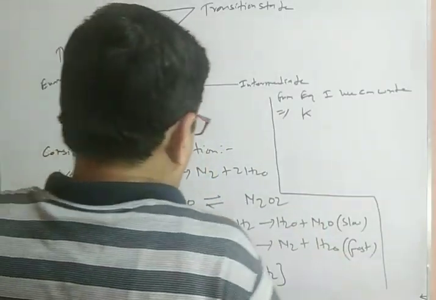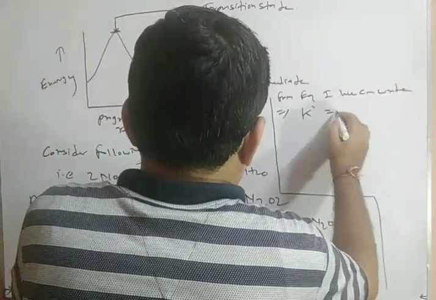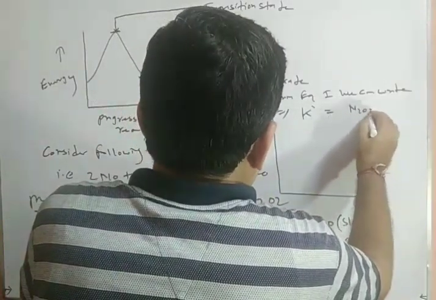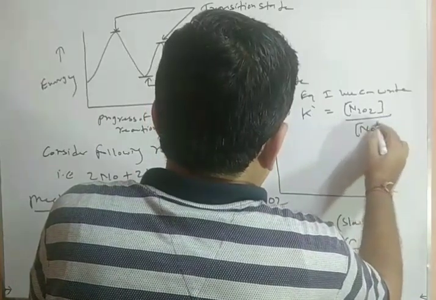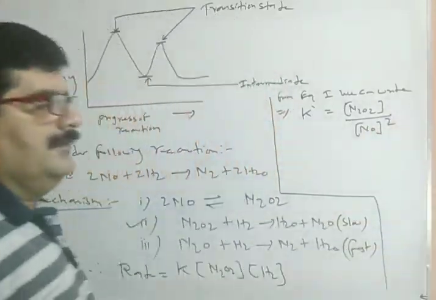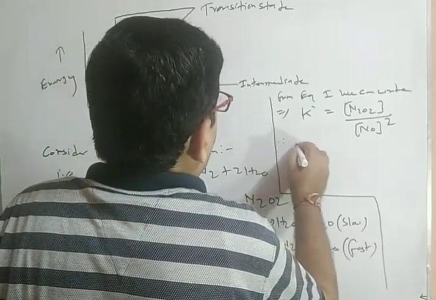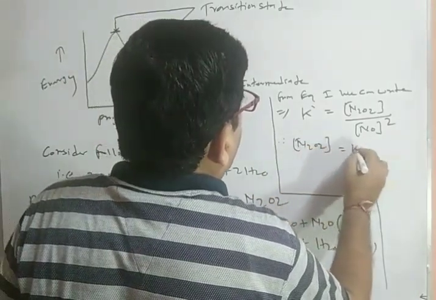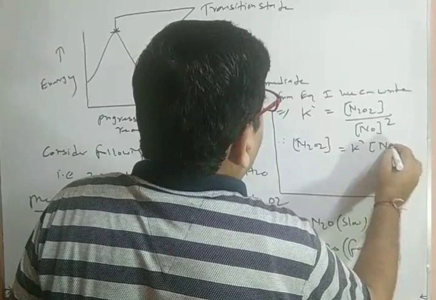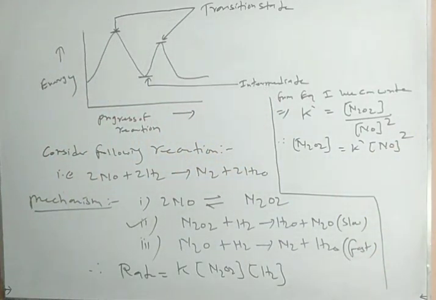Suppose equilibrium constant is K dash, N2O2 divided by NO square. This is according to law of mass action at the stage of an equilibrium. So concentration of N2O2 is equal to what? K dash NO square.